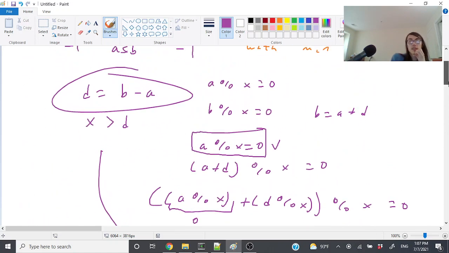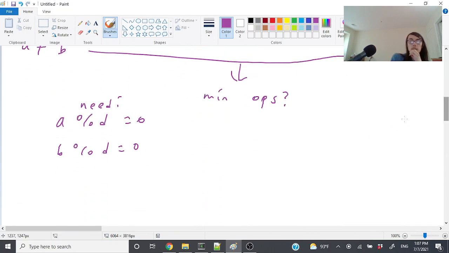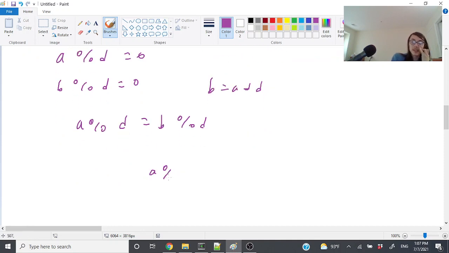But because b is equal to a plus d, once again, a mod d is equal to b mod d. So really we're just working with one number. We just need a mod d to equal 0.